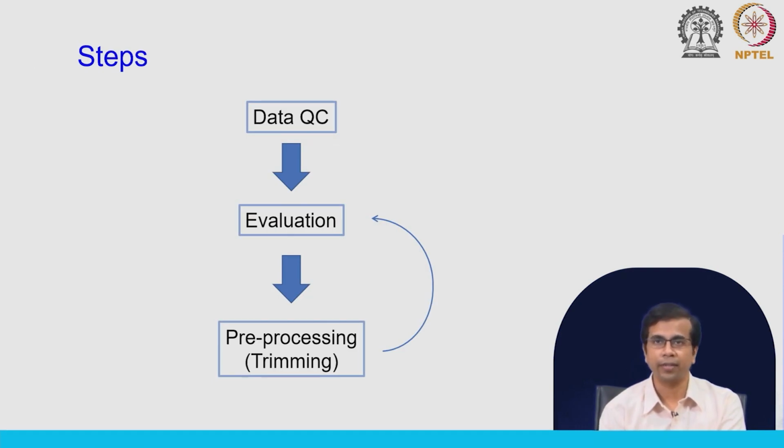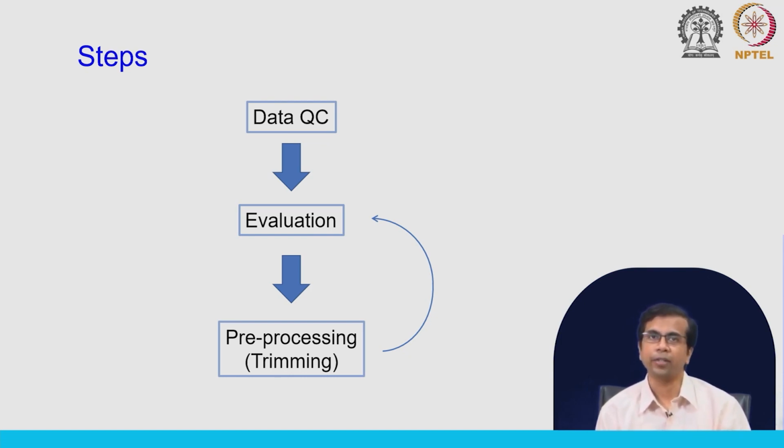If you can visualize in your mind, we have done the data quality control. Once you do that, you have to evaluate the results. Whatever results you have generated, you look at them and then make decisions on whether you need to do pre-processing, for example, trimming. We have talked about two different types of pre-processing, one is duplicate removal, the other is trimming. If trimming is required, we will do it, but once we do trimming, we have to go back to the evaluation stage again.